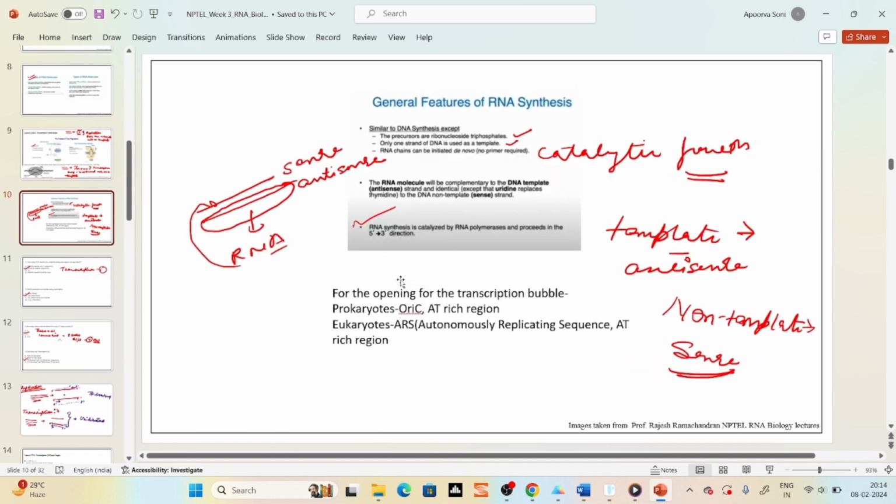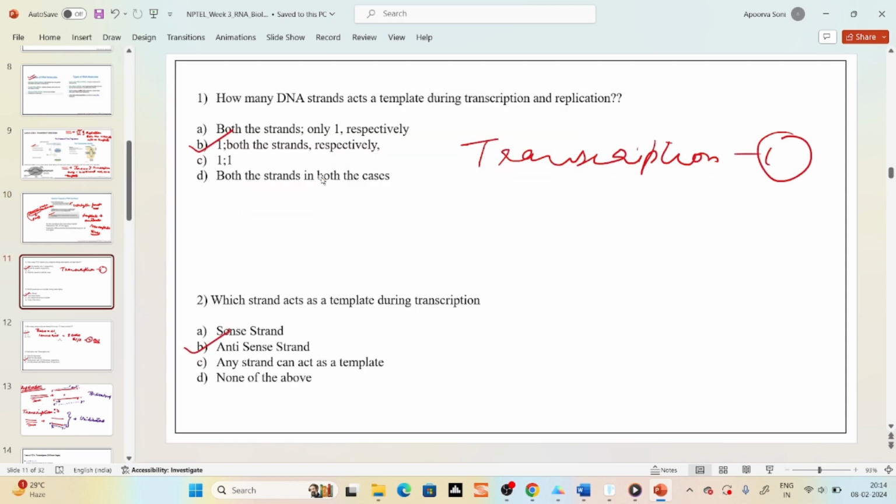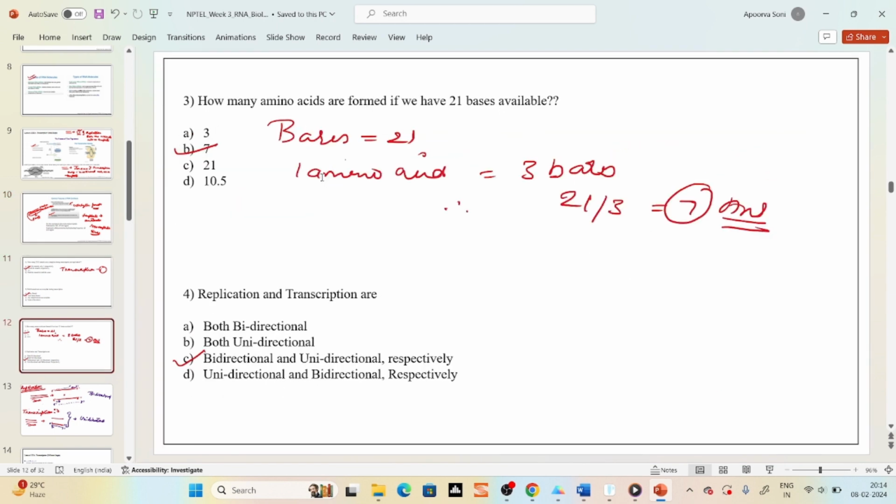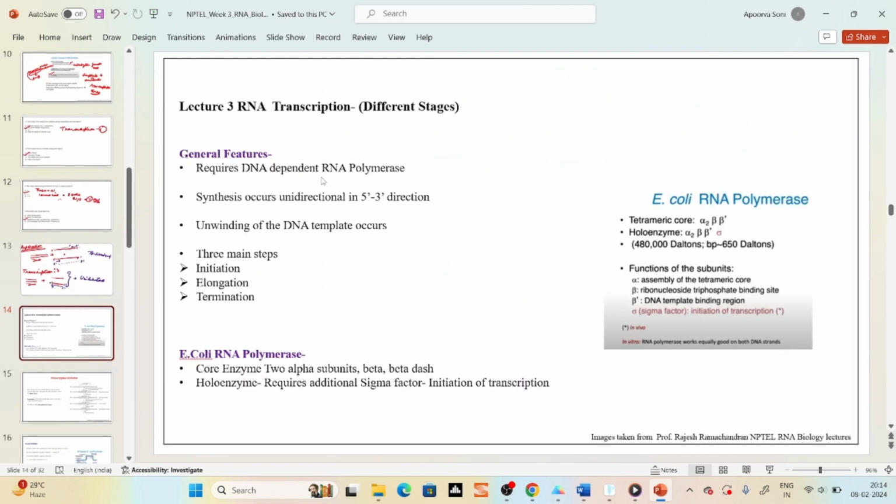Then we studied some basic features of RNA synthesis: what is a sense strand, what is the antisense strand, what is a template strand, and what is a non-template strand.